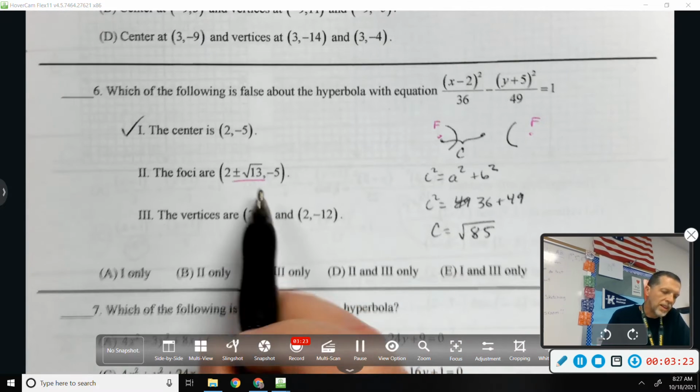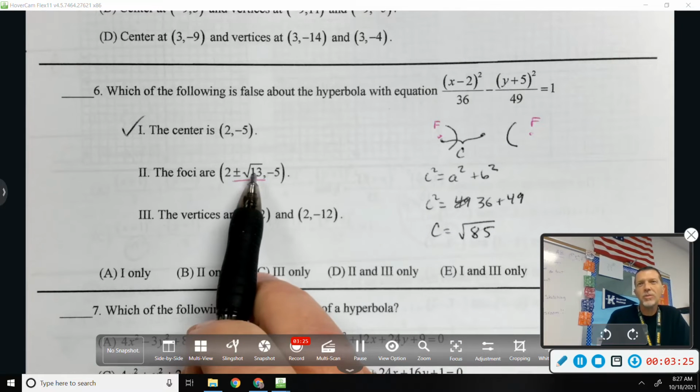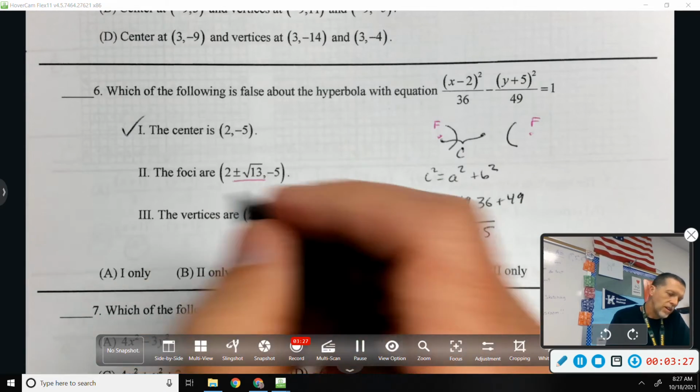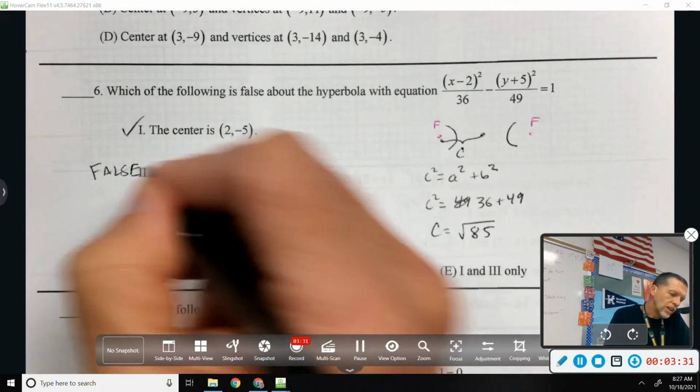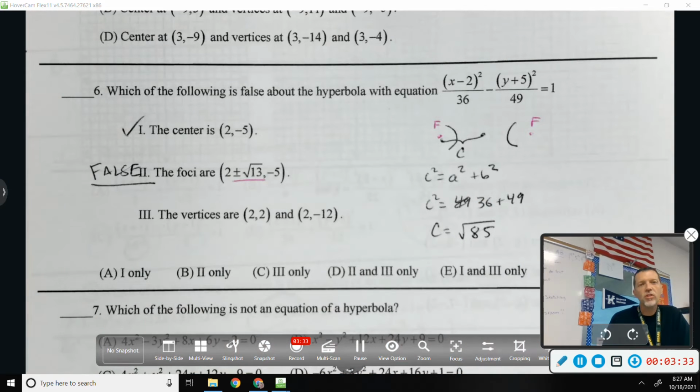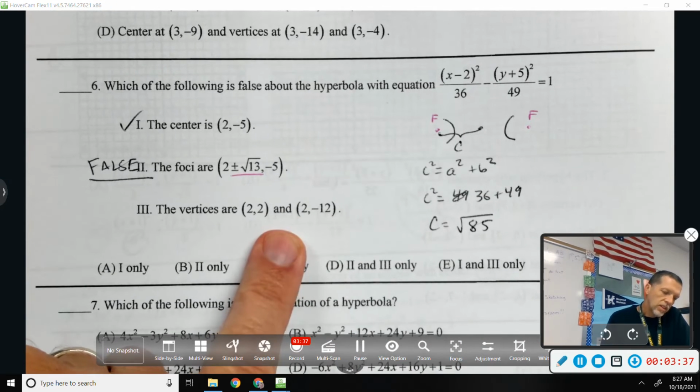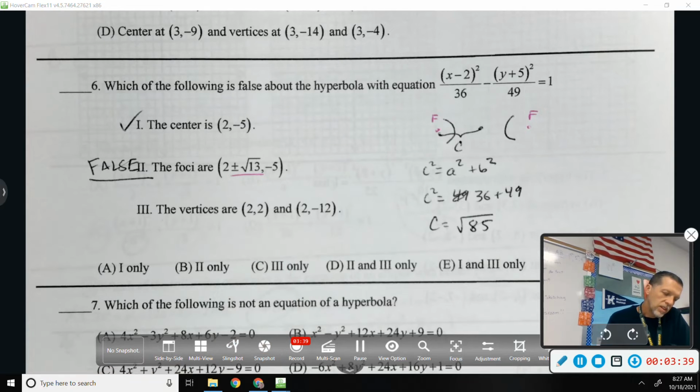Oh, wait a minute. I think they did a squared minus b squared. So that is false. That's what we're looking for. This is worded strangely, but number 2 is false. So if we're looking for the foci, we're going to be using the c squared equals a squared plus b squared thing. For a hyperbola, it's a squared plus b squared. For an ellipse, it's a squared minus b squared.